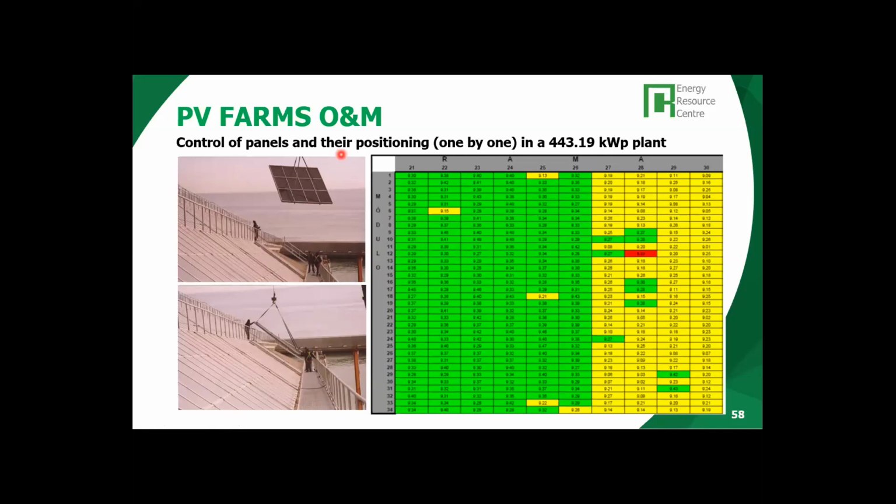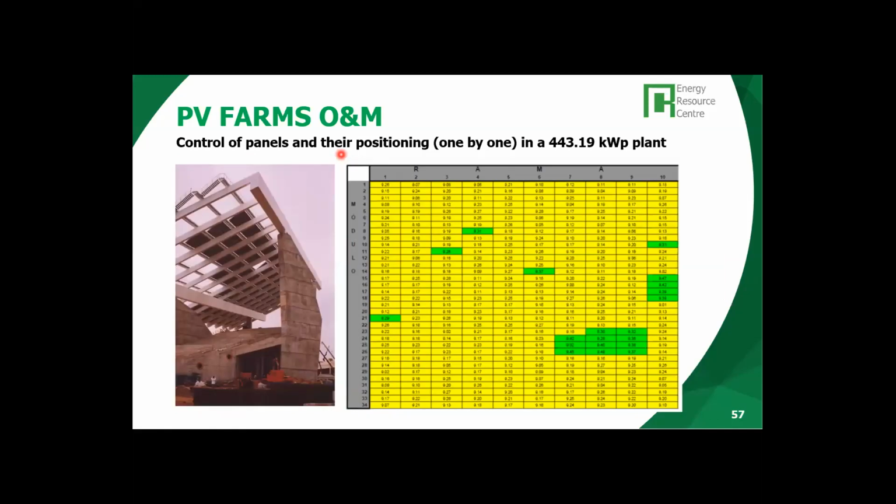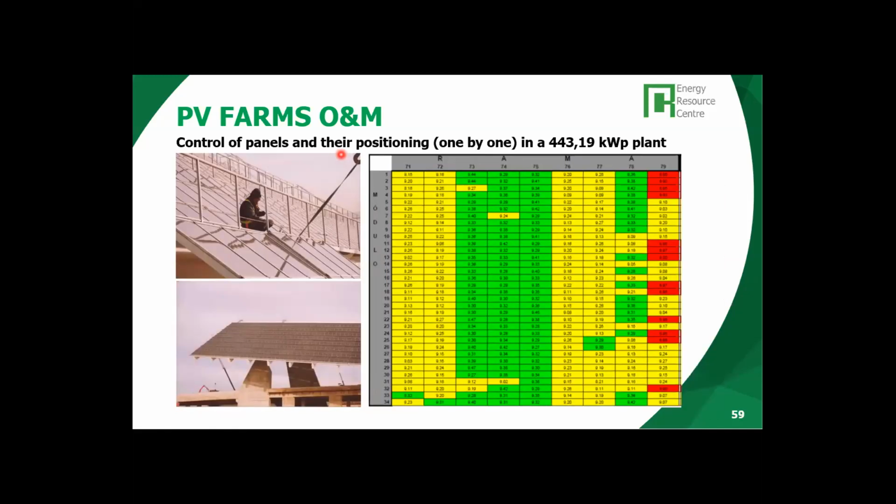This is the table of the strings, with three tables with pictures of the construction. The project is 79 strings of 34 panels each, making 443 kilowatts peak.